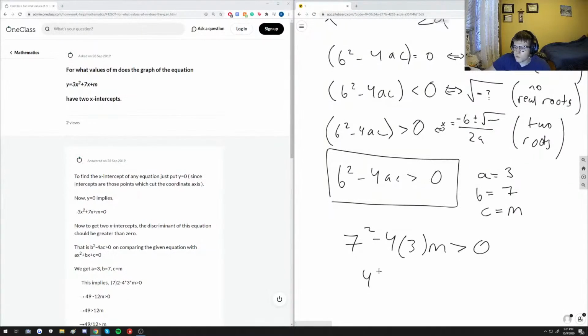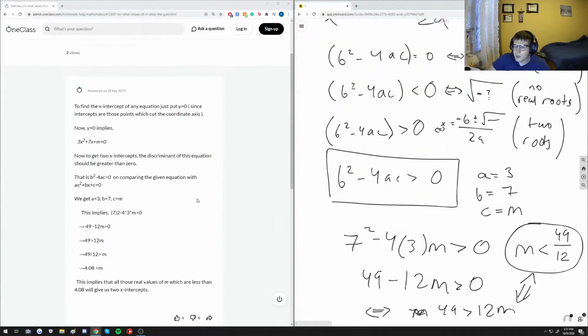In other words, 49 minus 12m is greater than 0. So this means that 49 has to be greater than 12m, which is the same thing as m having to be less than 49 over 12.